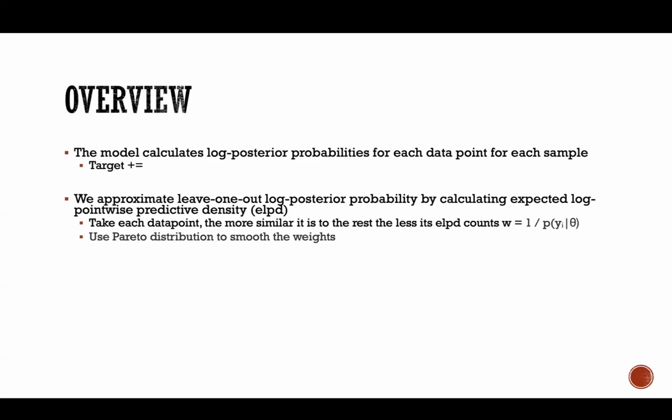Usually what we would do is take one data point out, fit the model, then predict the data with the model and see how well it does, and repeat for all the data points. Or if we're slightly more sophisticated, we can take the structure in the data, let's say the participant level. We take all the data from one participant out, we fit the model, we test on that participant, and we repeat that for all the participants.